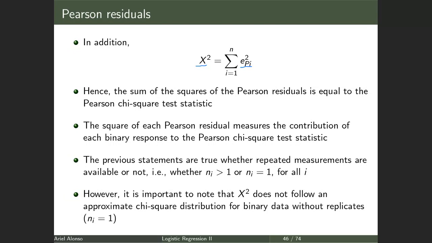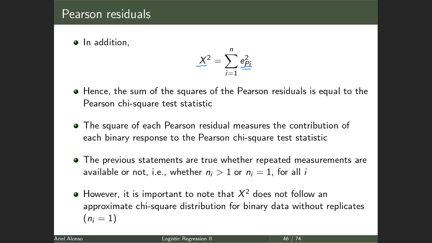So the square of the Pearson residuals measures the contribution of each binary observation to the Pearson chi-square. So if you rejected the null, that means that your Pearson chi-square test was very large. And then the Pearson residuals may help you to see which individuals were contributing to this lack of fit.